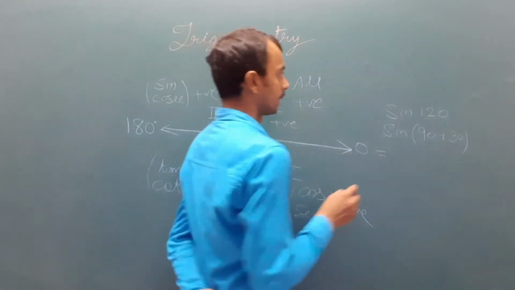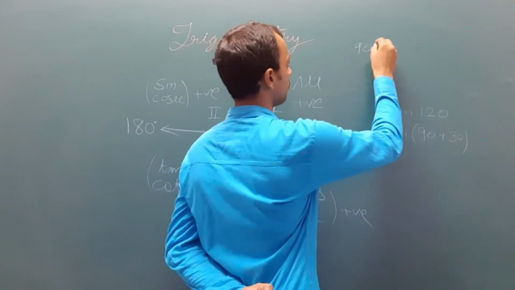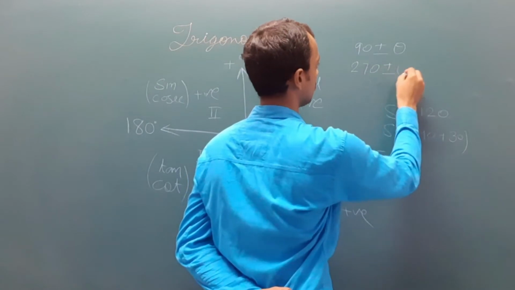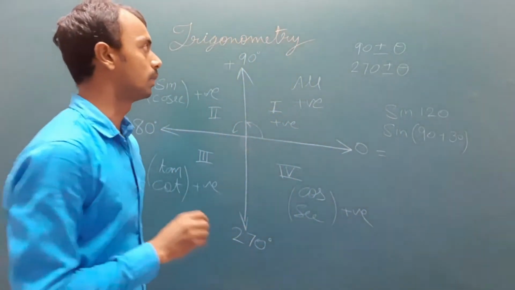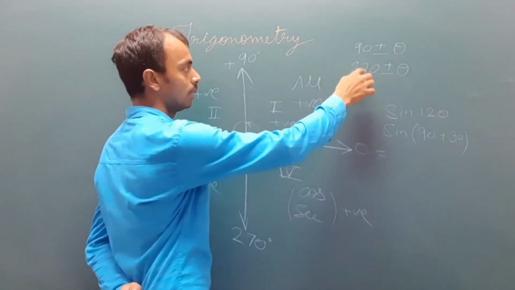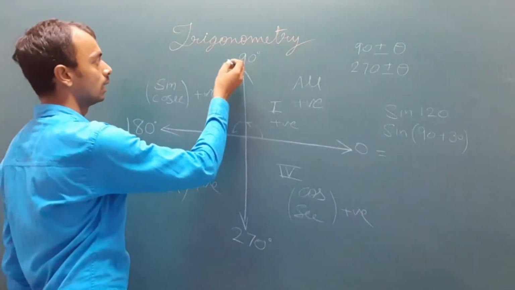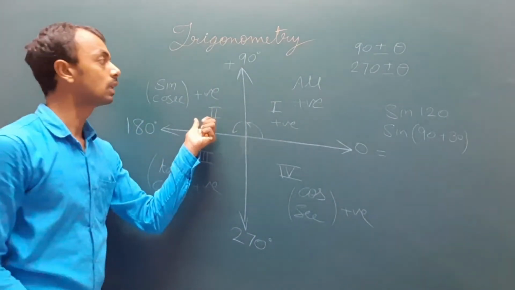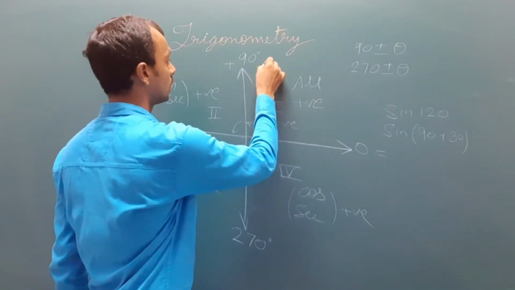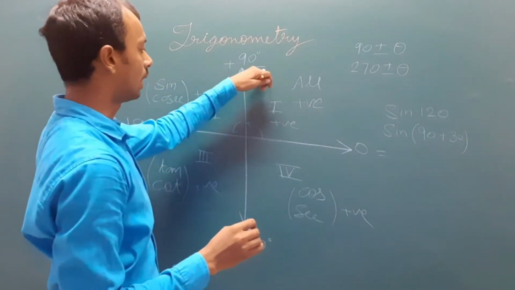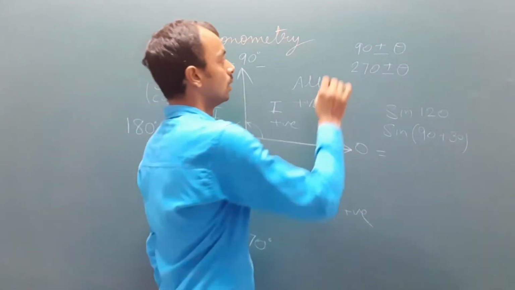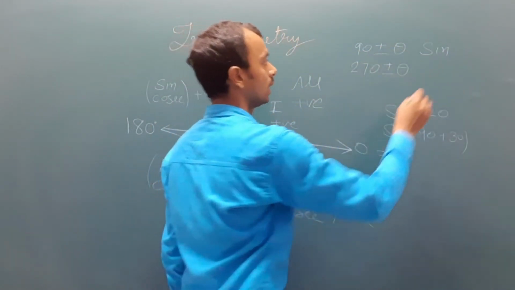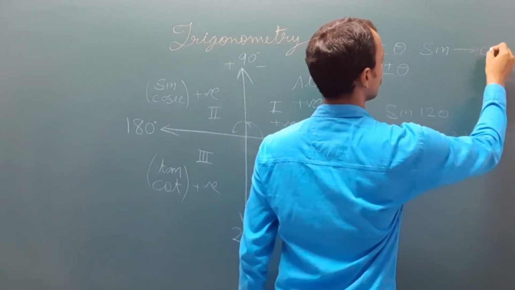Learn one more thing. 90 plus minus theta and 270 plus minus theta. If the angle is 90 plus minus theta, adding something to 90 will give a value that lies in the second quadrant, and if I am subtracting something from 90, then the value will lie in the first quadrant. So if the sine contains the value as 90 plus theta, it will convert to cos of theta.